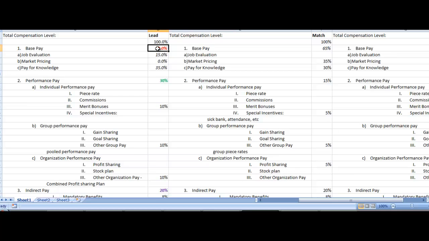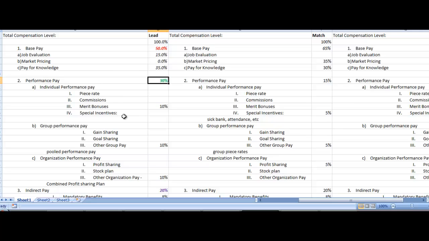Within that 50%, how much is going to make up base pay? She decided partly job evaluation, no market pricing, pay for knowledge. That's okay. What she wrote in the previous 2 pages we saw for that job family better support that, right? That's all we're trying to do. Now, she also decided she wanted to use performance pay.